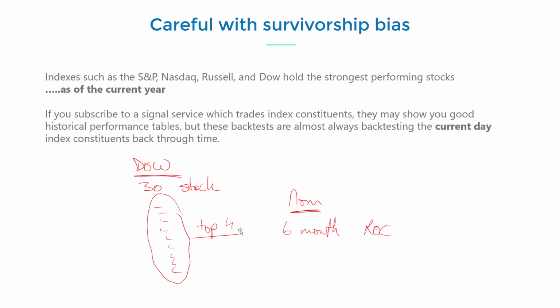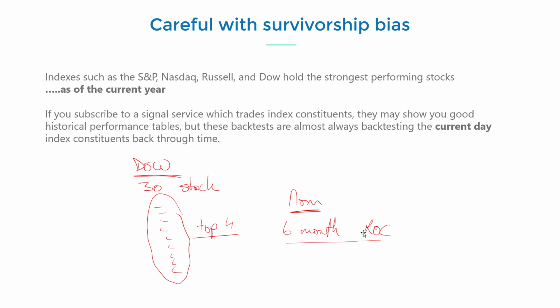So if it went up over the past 6 months by 5%, then that's fine. If another stock went up by 15% over the same 6-month period, then that did better, so they're going to choose that one. So they simply compare a 6-month rate of change, rank that from best to worst, pick the top 4, and just do that on a monthly basis.